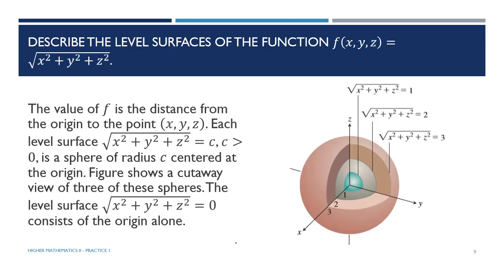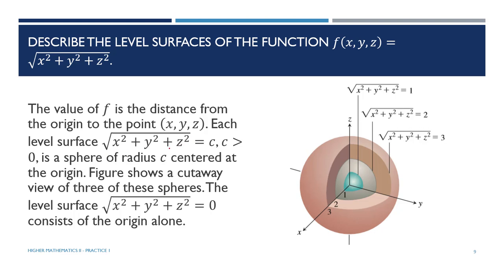The next exercise says describe the level surfaces of the function f of x, y, z, which is the square root of x squared plus y squared plus z squared. This is the given function. The value of f is the distance from the origin to the point x, y, z.